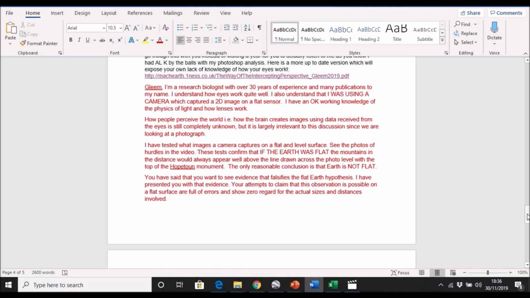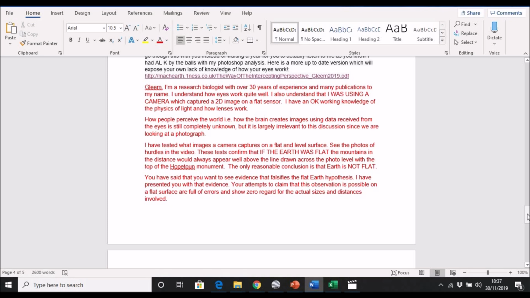I hope I live to an age where I'll be able to gain an understanding, or other people will gain an understanding, and I'll be able to read about it. But maybe not. It's possibly one of the huge intractable problems in biology. But it's largely irrelevant to this discussion, since we're looking at a photograph. We're not dealing with what the eye perceives.